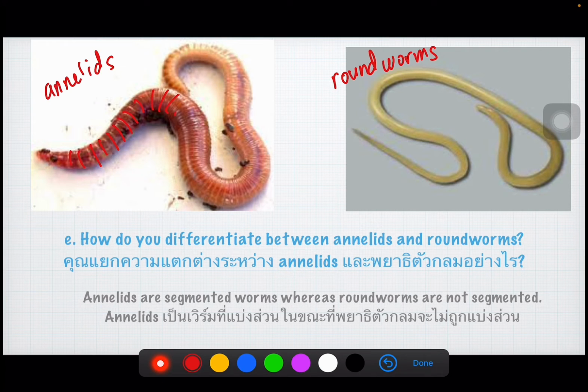These are segments. And these roundworms do not have segments. As you can see here, there are no segments, there's no line, it's completely straight. So again, annelids are segmented worms, whereas roundworms are not segmented.